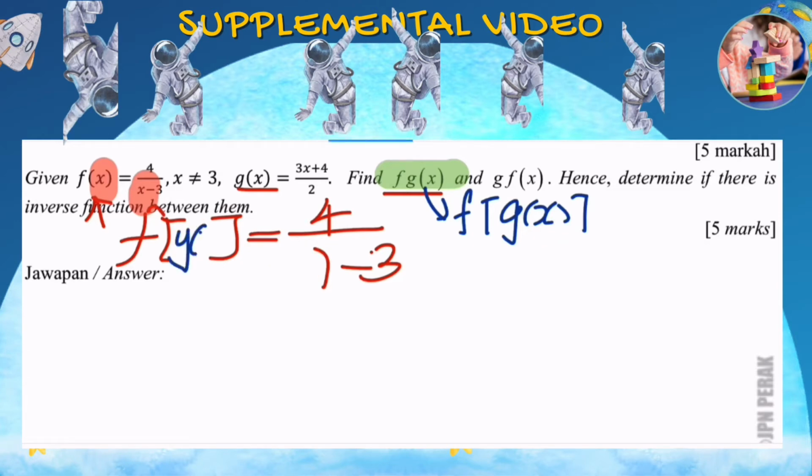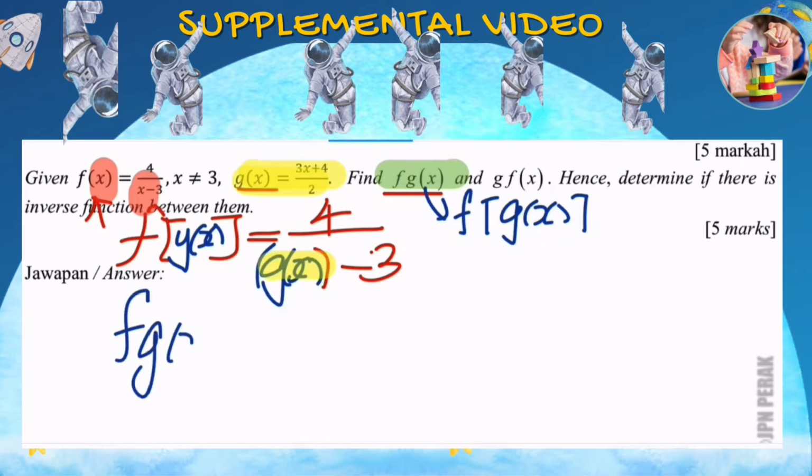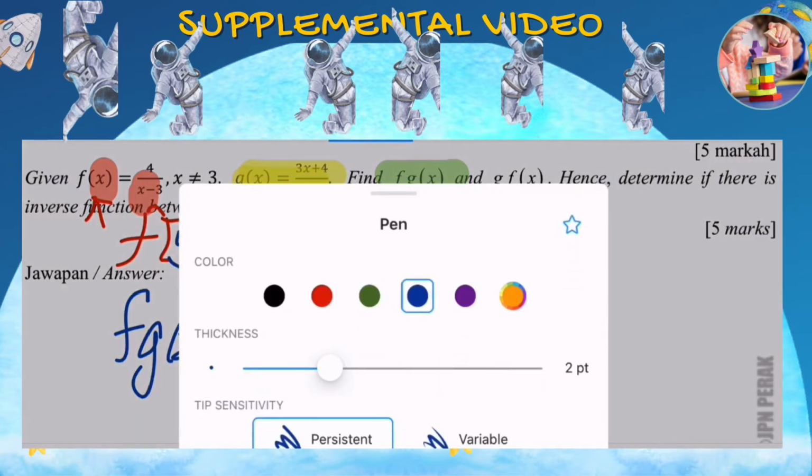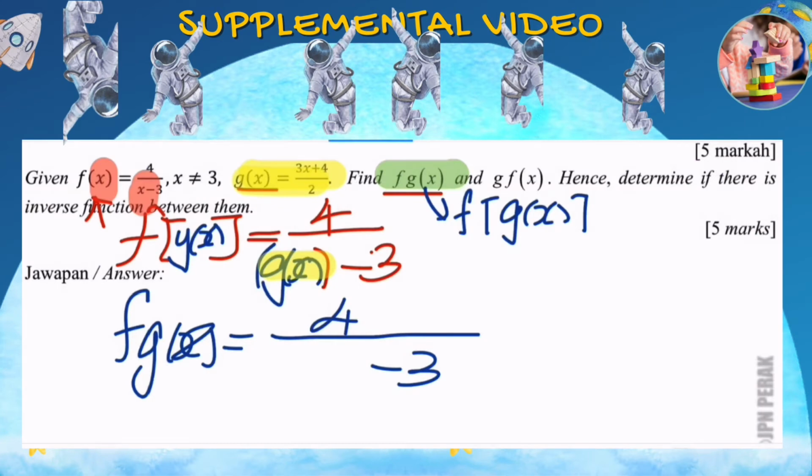Then we will substitute the function g(x) into the right hand side. For f(g(x)), we remain f(g(x)), don't do anything, but for the right hand side we will substitute the g(x), which was given as (3x plus 4) over 2, into the x there.